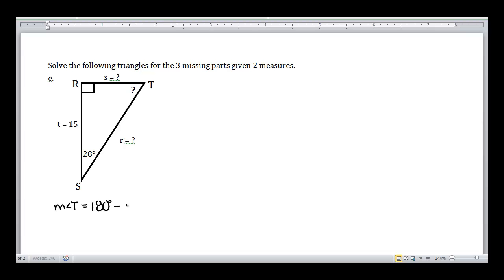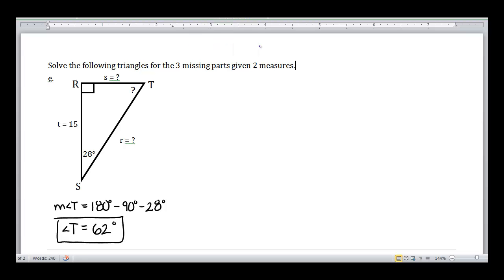So if you start with the 180 degrees and subtract out the 2 measures you know, the 90-degree angle and the acute angle you were given, you should be left with the measure of your missing angle. So here, the measure of angle T is going to be 62 degrees.